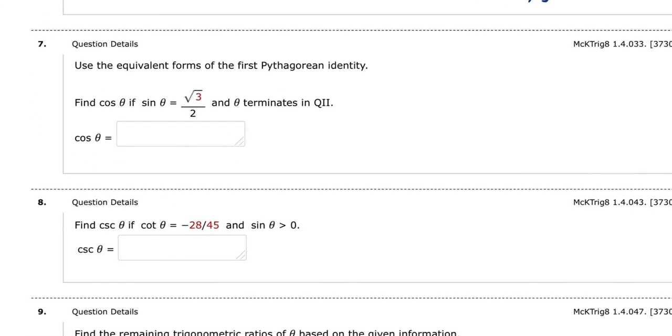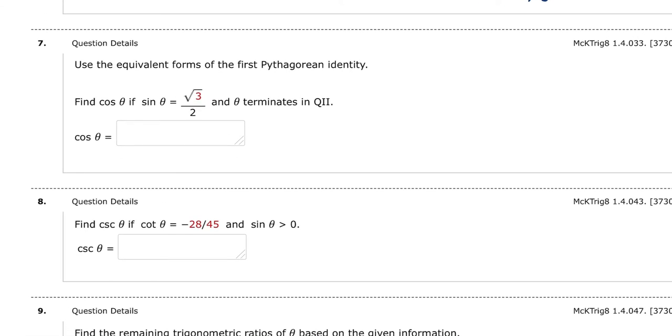All right. Here they're asking us to find cosine if sine is given to us, and they tell you what quadrant the angle terminates in, quadrant 2. So I'm going to draw a right triangle once again in quadrant 2 somewhere. It's probably not drawn to scale because I just drew a random angle in quadrant 2.